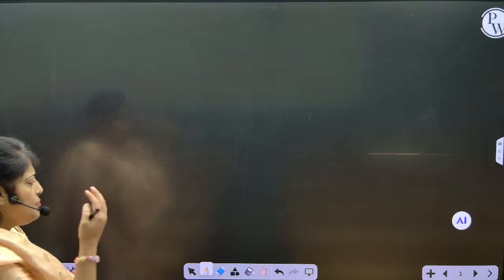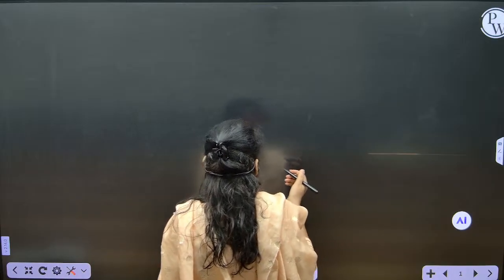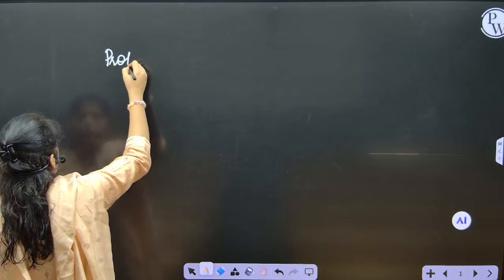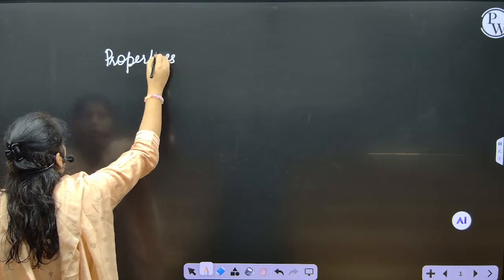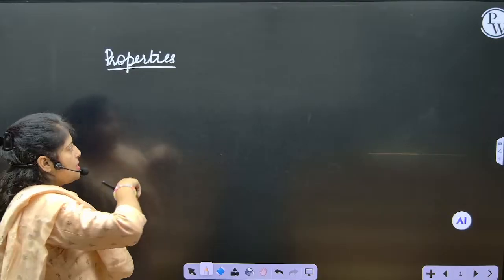So before that, yesterday I told you two properties, or rules, of trace of a matrix. Properties related to trace of a matrix.